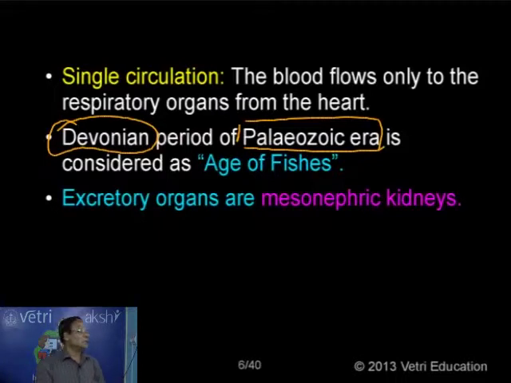But in the case of the cyclostome hagfish, I already mentioned, we have the archinephric kidney, the ancestral kidney, present only in the hagfish, a cyclostome. In fishes we have mesonephric. In the frog also mesonephric. Reptiles, birds and mammals have metanephric kidneys. This classification is based on the place of development in the body during embryogeny, either at the anterior, in the middle part, or at the posterior part of the body.